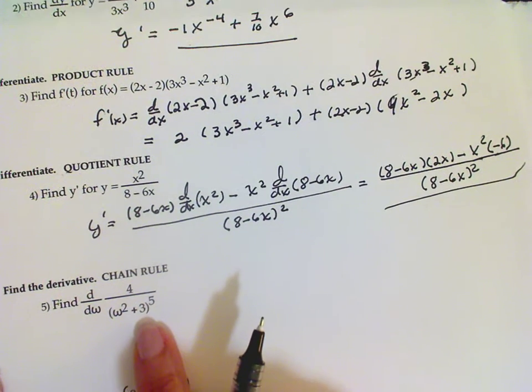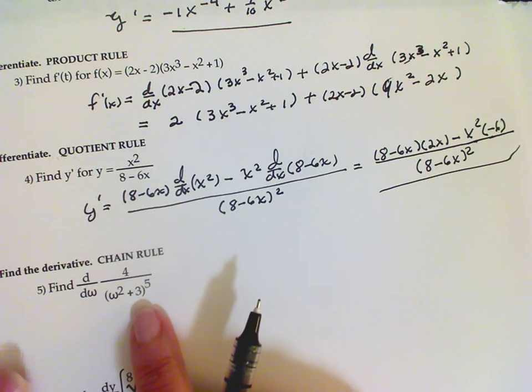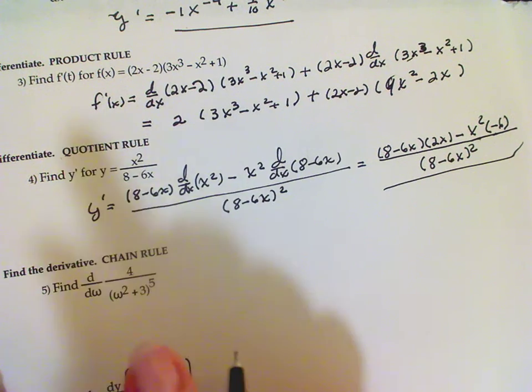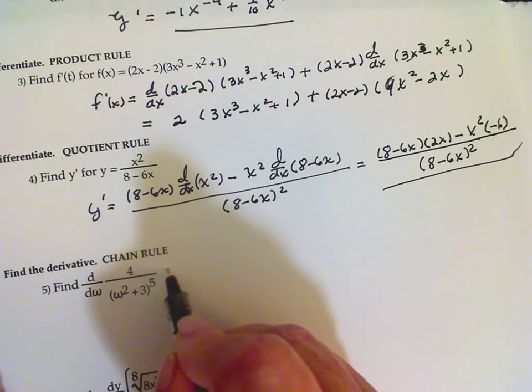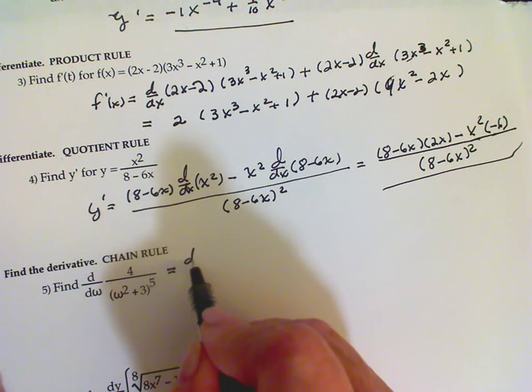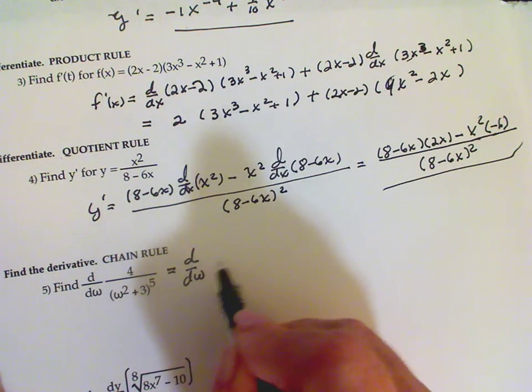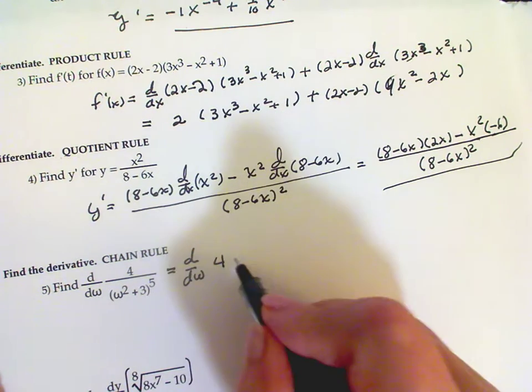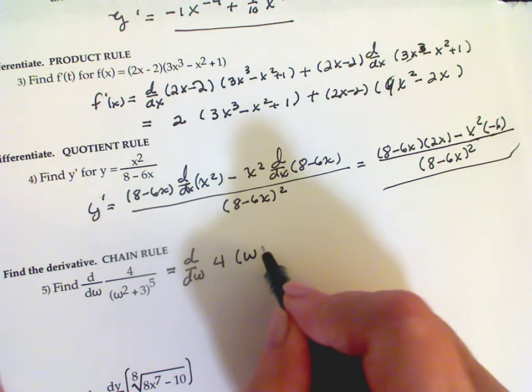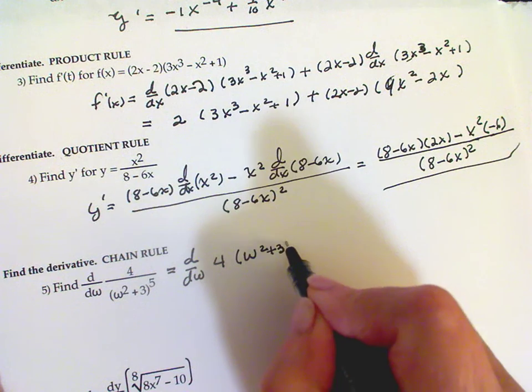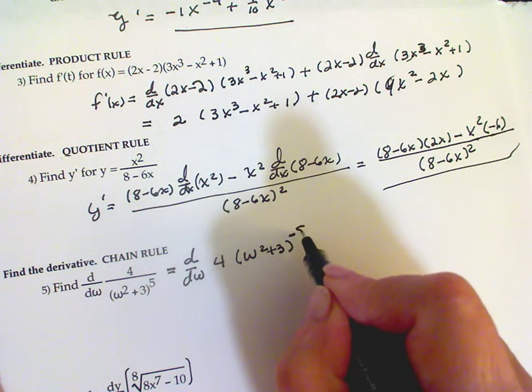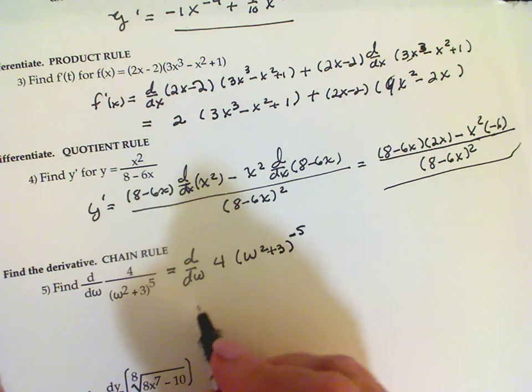This one is chain rule. So I'm going to rewrite it as d/dw of 4 times w squared plus 3 to the negative 5. That makes my life so much easier.